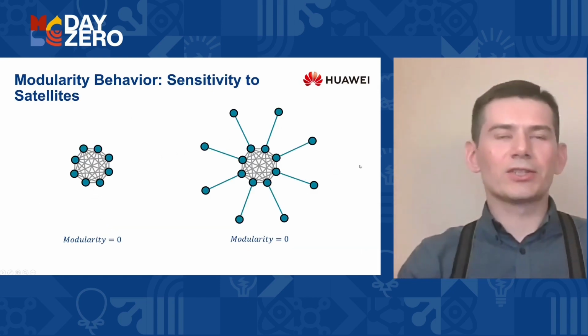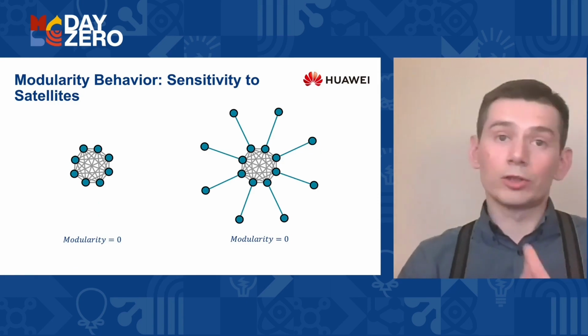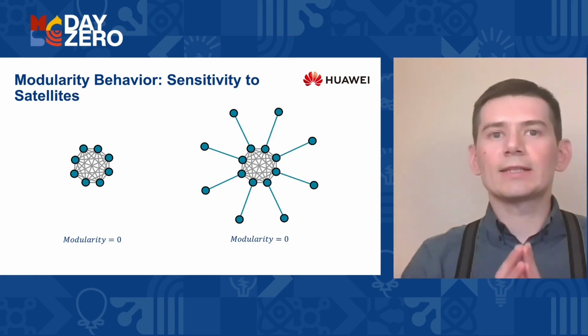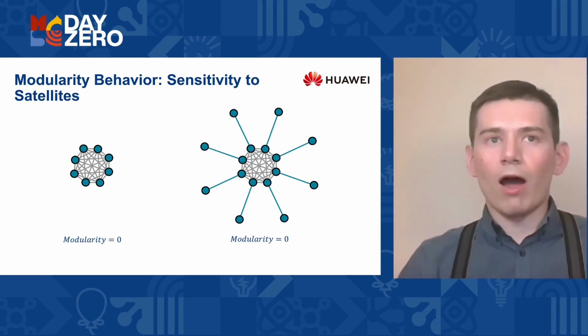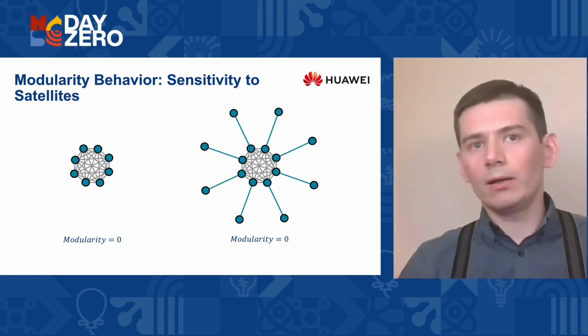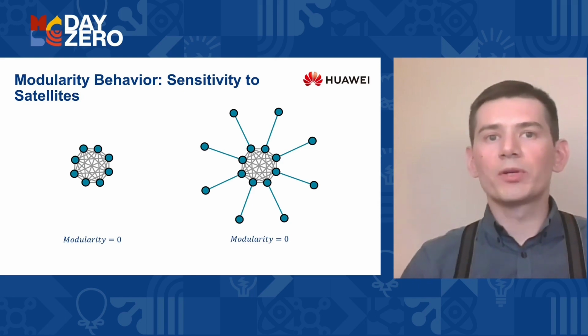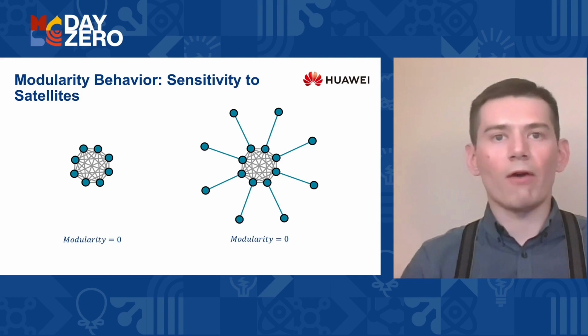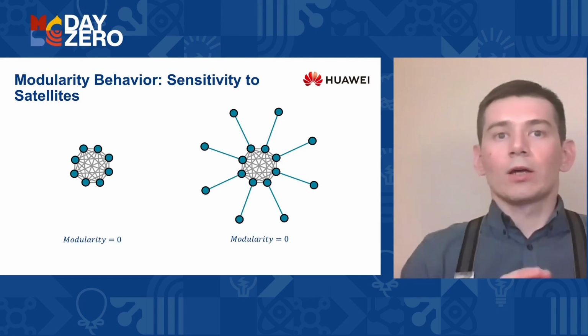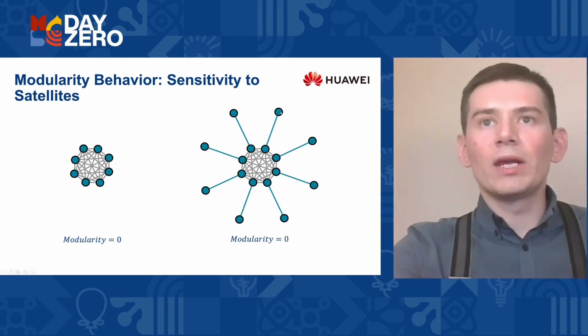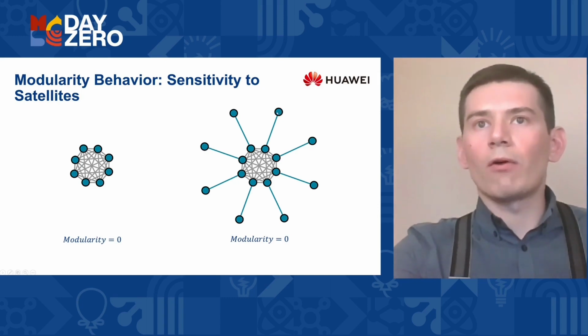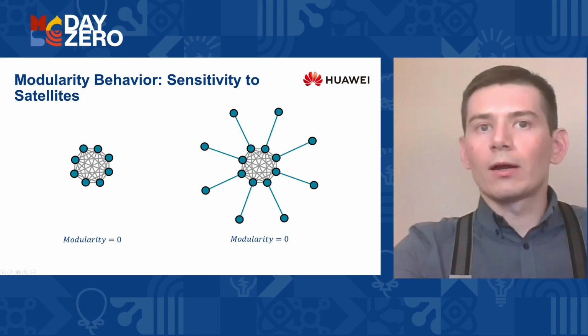Another interesting theoretical and practical feature is sensitivity to satellites. In the left graph, we see a maximal clique, and as I said before, its optimal modularity is 0. You must put all graph nodes into one community. Now we add satellites. By satellites here, we mean leaves, graph nodes that are connected to the clique.